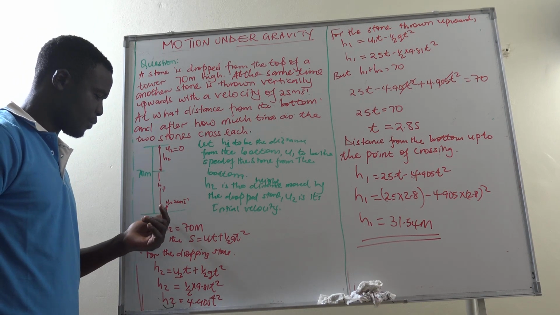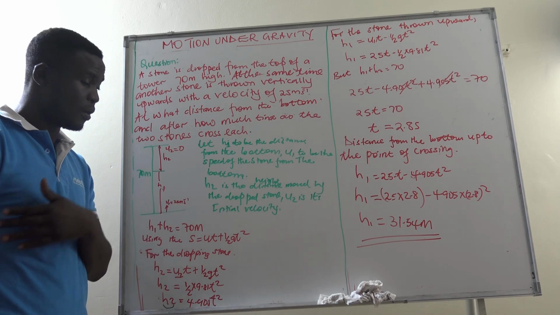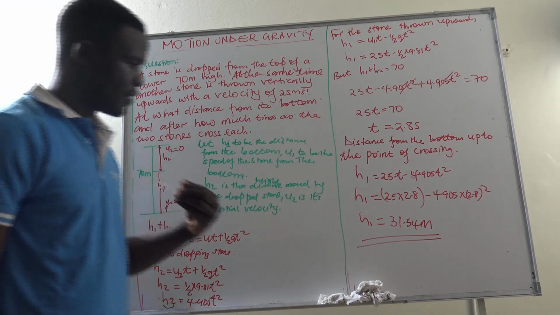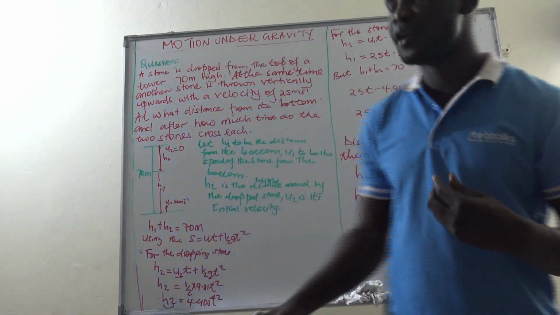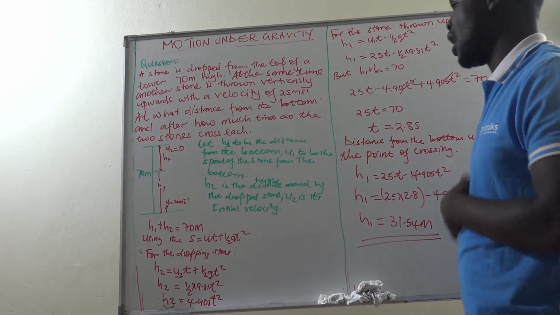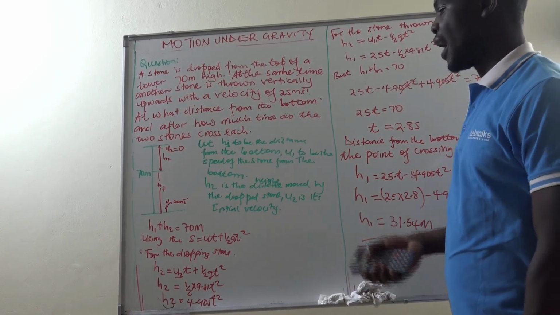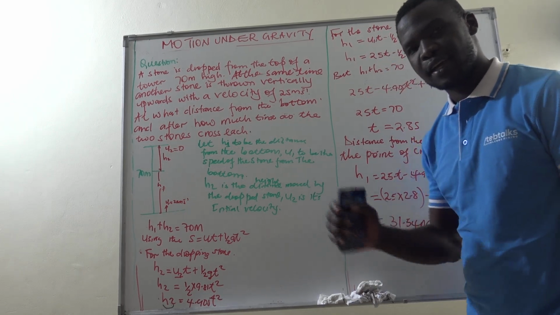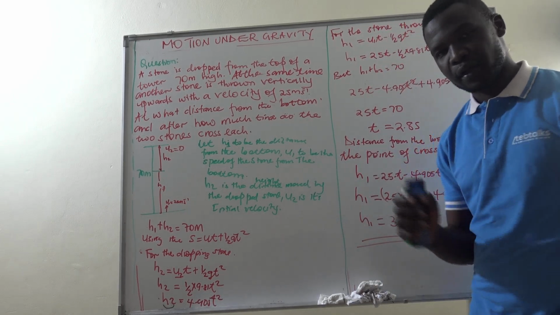This one was being projected upwards with an initial velocity that had been given in the question. So please, when you have such a question, settle down, interpret it, and then look at the equations of motion that can work for you. Thank you.